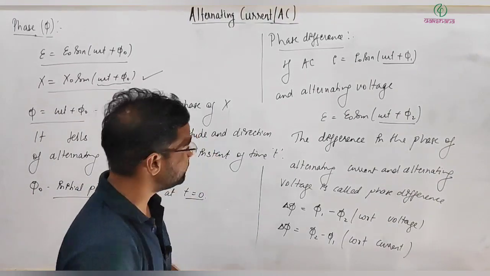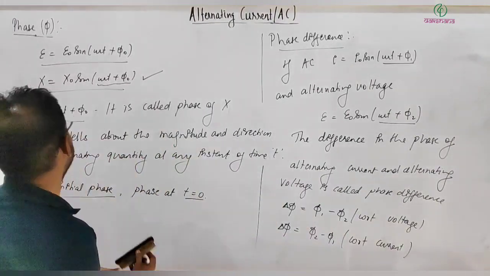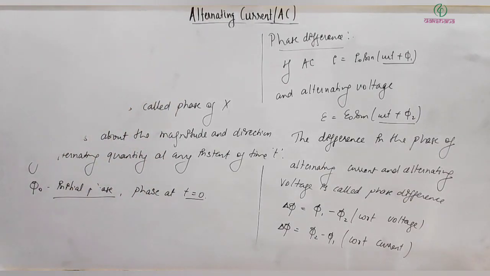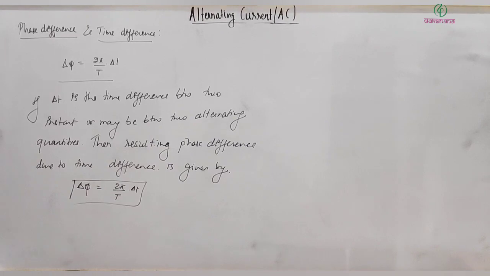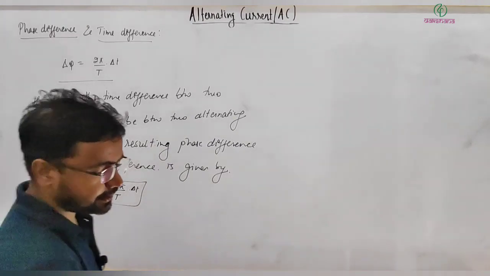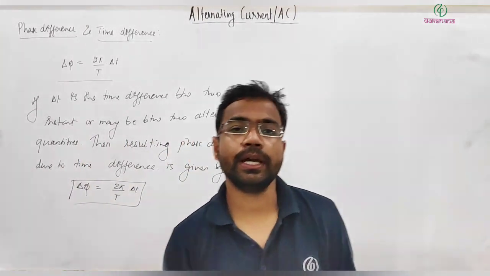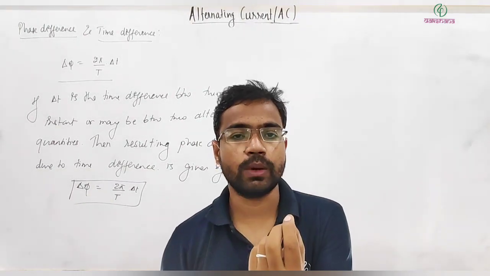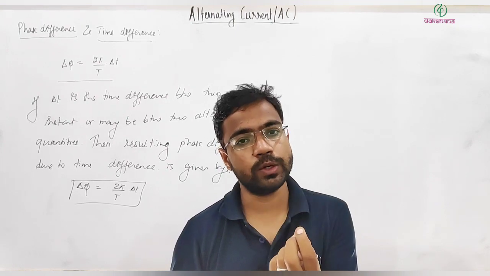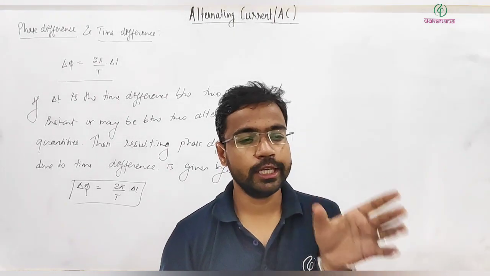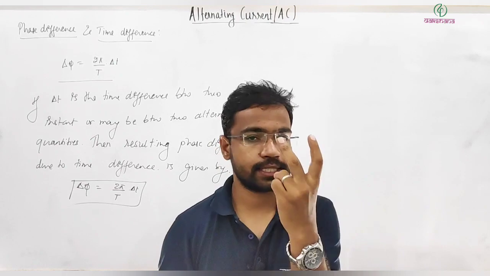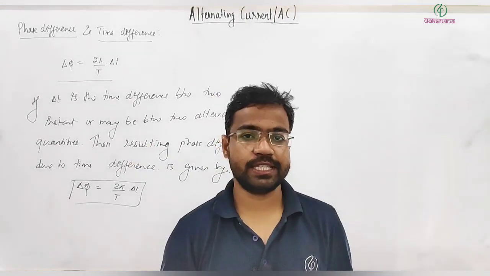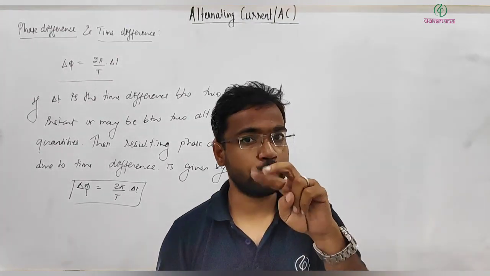And we know the relation between phase difference and time difference. Okay, let me just erase it. The relation between phase difference and time difference: there are two possibilities. We may be talking about the same physical quantity, maybe alternating current or alternating voltage, at two moments of time. Two moments of time means there is some time difference arising. This time difference will result in some phase difference between the current at two moments of time.